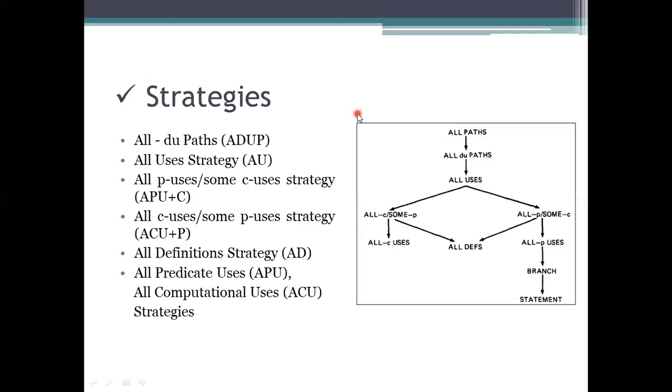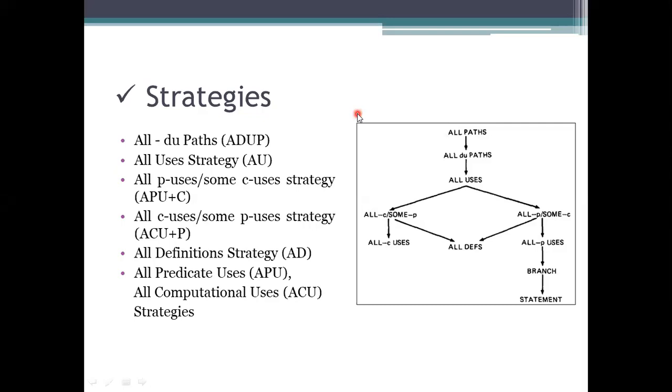All the variables we are processing here will be used for the predicates, and some are used for computations, and the reverse of that is the next one. So all C uses means all the predicates which have been used for the computation, and some variables which are used for the predicates have to be known here.